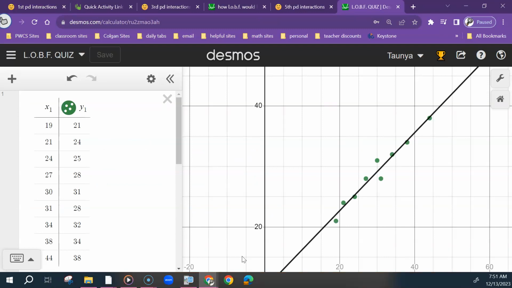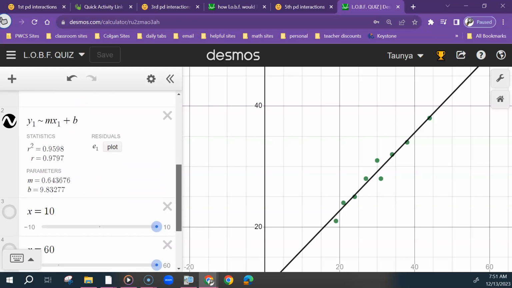In Desmos, you would have used your table, typed in your y1 tilde mx1 plus b, and gotten these numbers. And then the question said round to 1 decimal place, so your answer would have been y equals 0.6x plus 9.8.